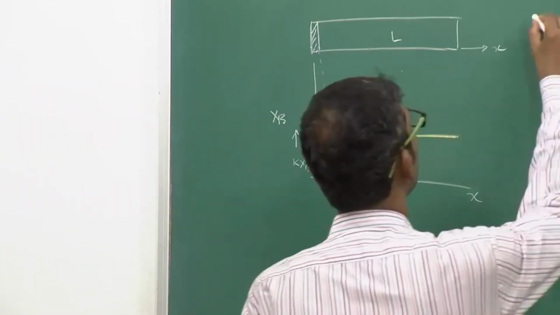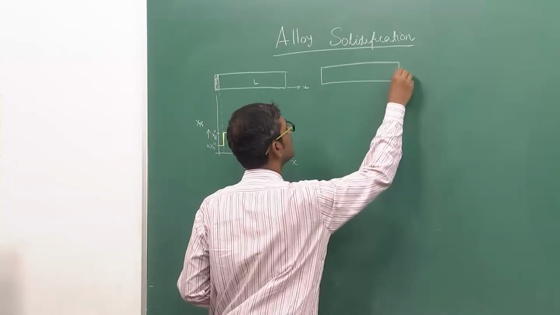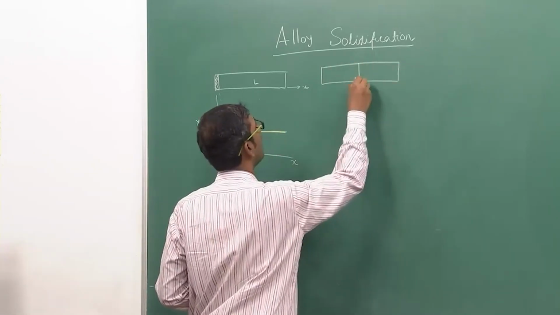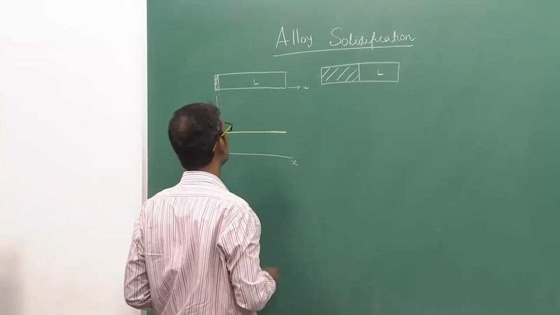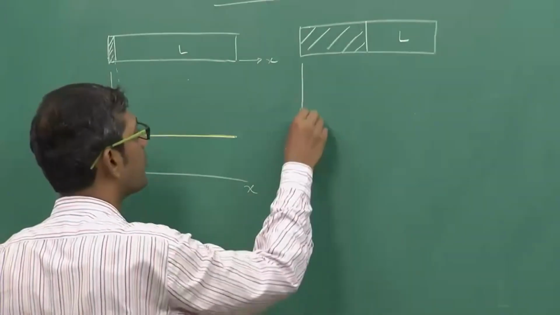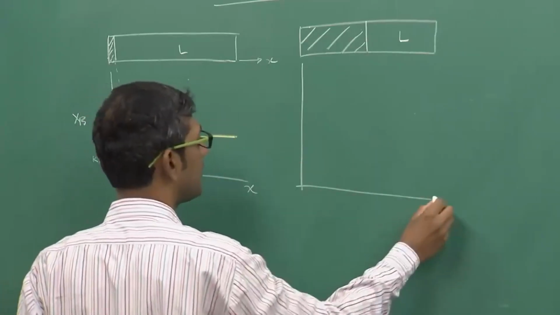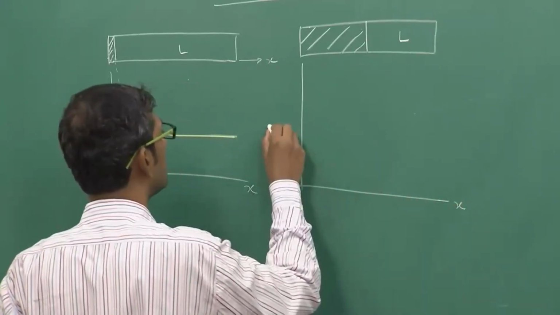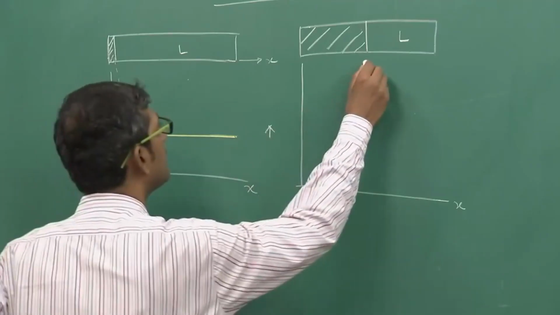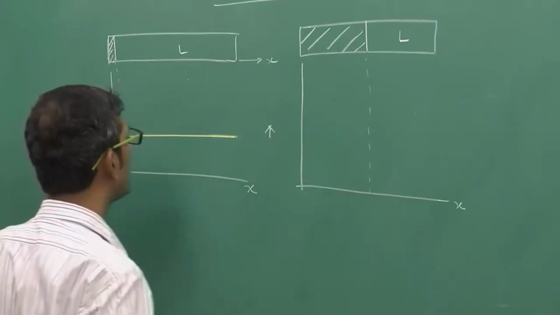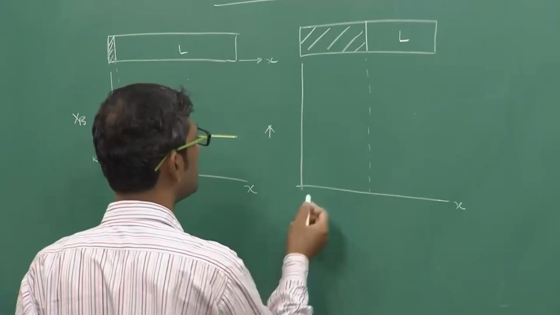Now, if I solidify a little more, what will happen? Suppose I solidify the same bar halfway, so one side is solid and this one is liquid. Again, let us plot the composition versus distance. This is XB versus distance, and this is my solid-liquid interface, which I have made a dotted line. What will happen is very simple.